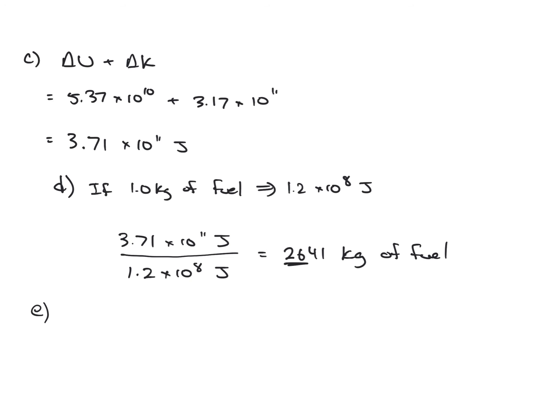Or do we? Part E asks, why is the answer to part D just a tiny fraction of the actual amount of fuel needed to get the telescope into orbit? So we actually need way more fuel than 2,641 kilograms. And that's because not only do we have to use energy to put the thing into orbit, we need to use energy to lift up the fuel that's being burned.